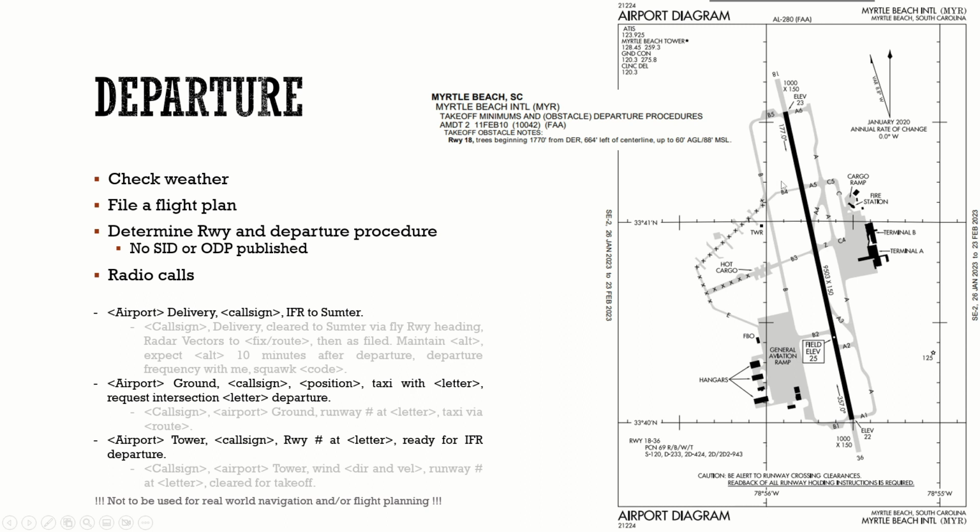Then when you are there and you are after your run up and ready for departure, you don't need to wait for the ground to hand you over. You contact tower directly that you are at runway 18 at Bravo 4, ready for IFR departure. And then they will give you a clearance. Optionally, they will tell you what to do shortly after takeoff.